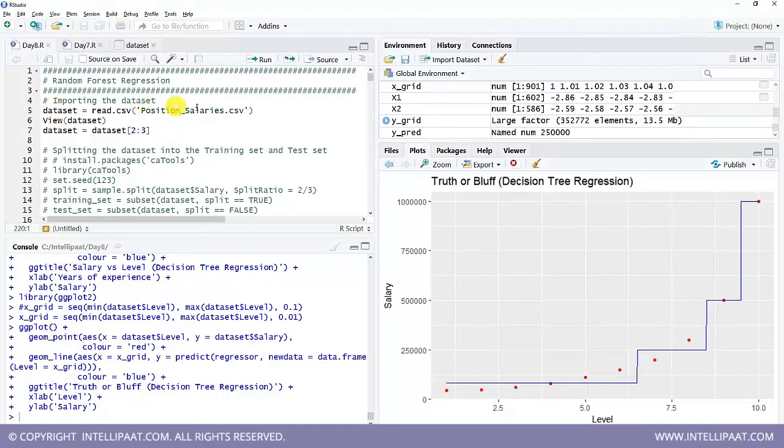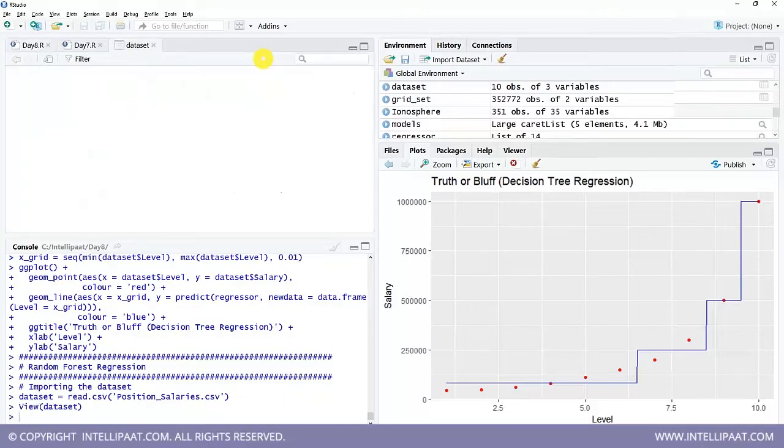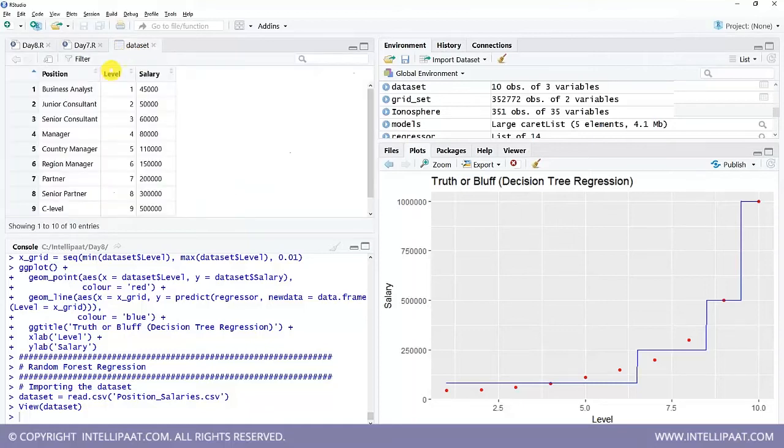So again, the same data set we are trying to import. When I view the data set, it has 3 columns. Again, the same exercise: we are just interested in the level and salary, that is column number 2 and column number 3.